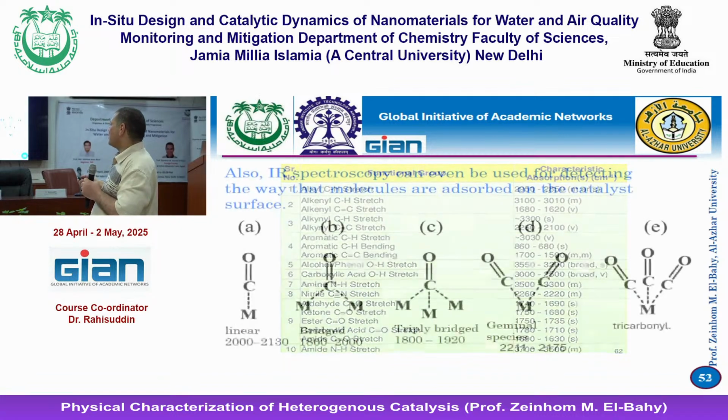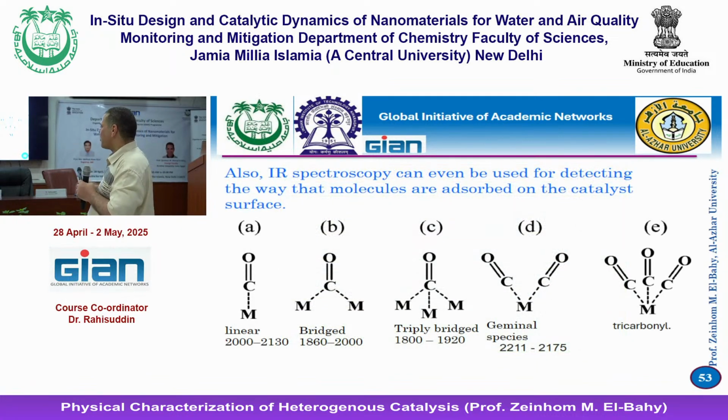For IR, if you make adsorption, for example, of CO, and you get a line or a peak from 2000 in this range, this means that you have linear CO on a metal like platinum or copper or something. Of course, there is a slight difference between each metal and the other one.